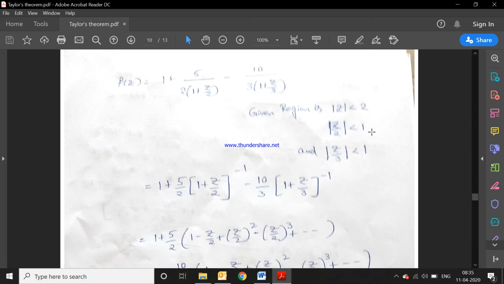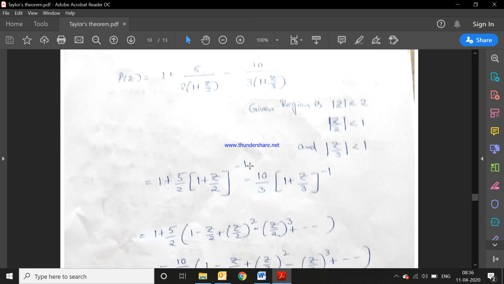So that's why we are writing less than 1. Taking 2 to this side, modulus of z by 2 less than 1. If the series is valid for mod z by 2 less than 1, it is also valid for mod z by 3 less than 1. So both expansions, z by 2 and z by 3, are valid in the given region.